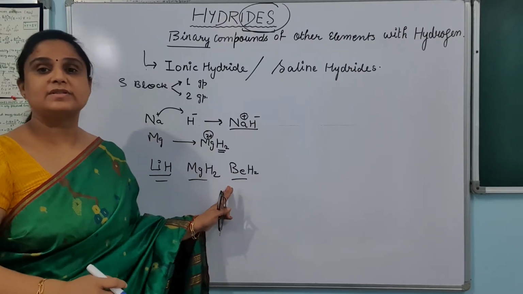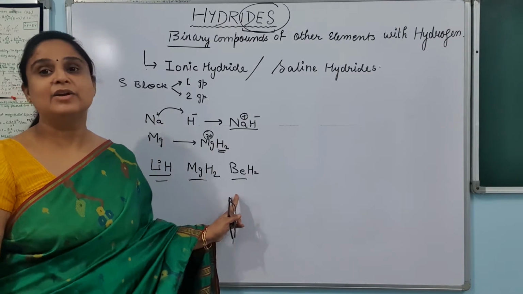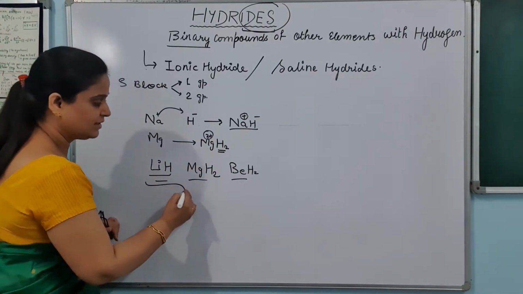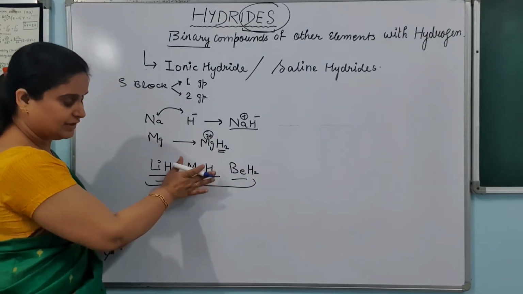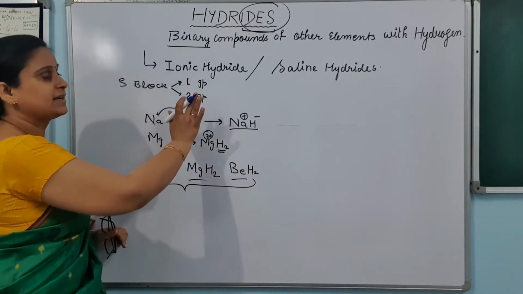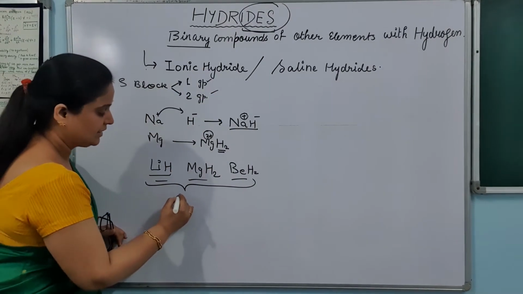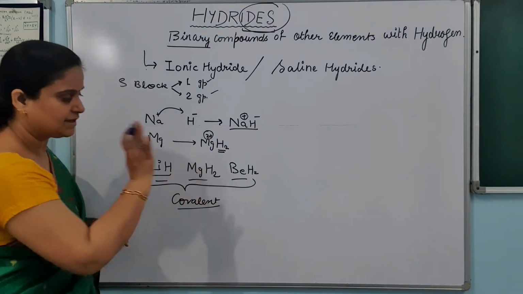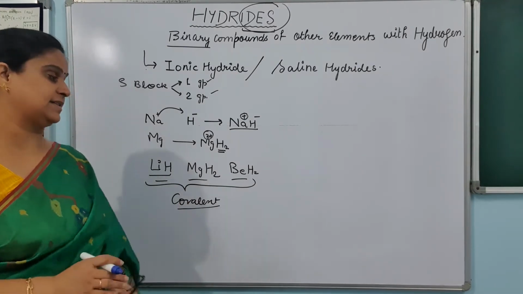The compounds formed by the small elements in the first and second group are covalent in nature. So these three do not form ionic hydrides. We leave these hydrides out. Apart from these, all the other hydrides made by the first group and second group elements are ionic in nature.